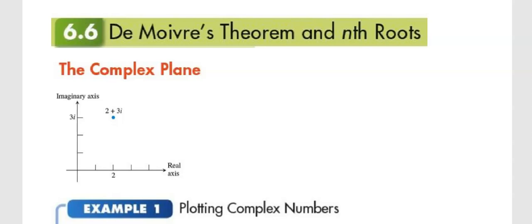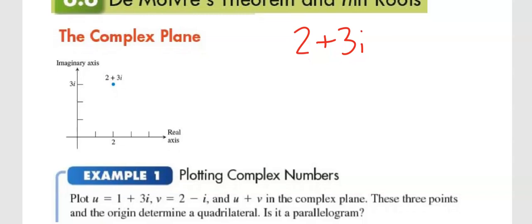We may have mentioned this way back in Algebra 2 when we first introduced you to complex numbers. For instance, we talked about 2 plus 3i. But where exactly is that located? Well, to show you the complex number plane, the real axis.